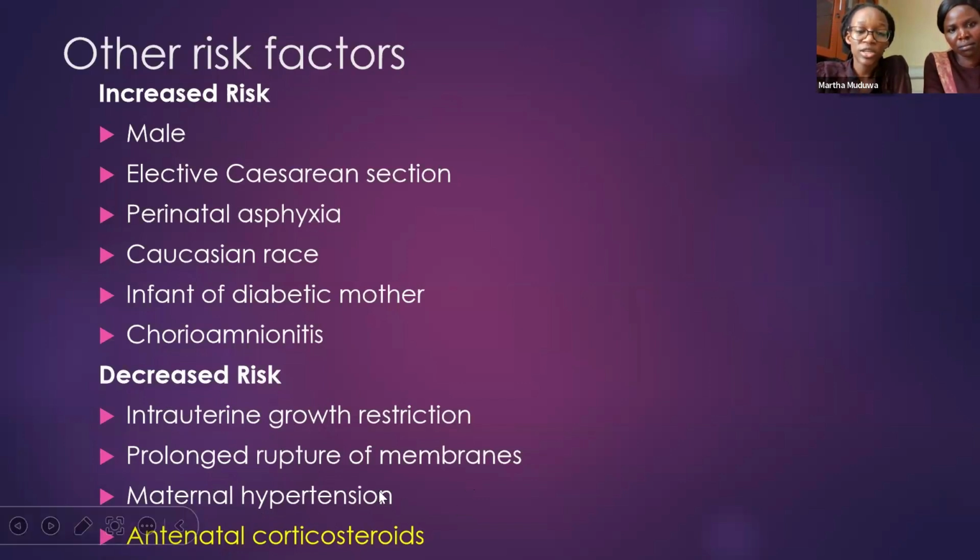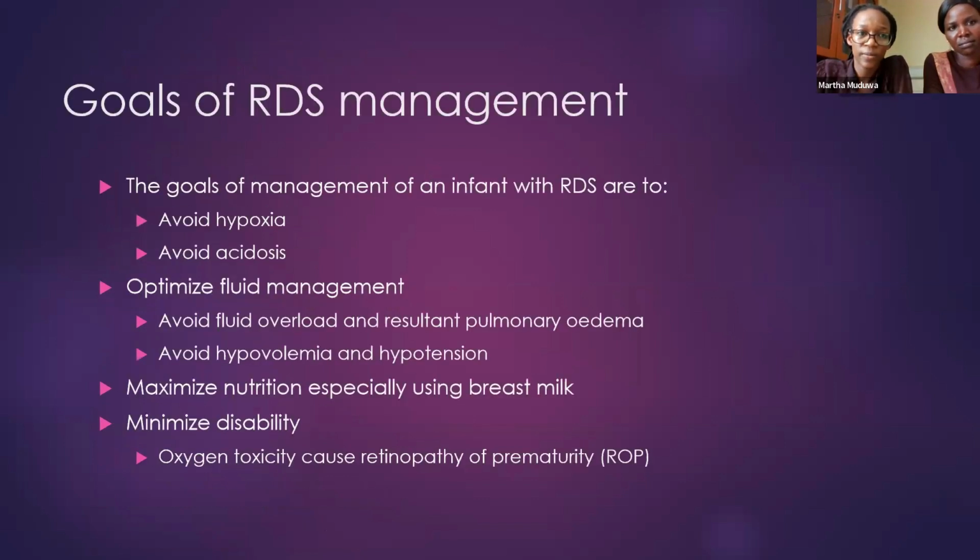So antenatal corticosteroids are very important, and that should be really something we should focus on with all mothers in preterm labor, because they not only reduce the risk of RDS, but ROP, retinopathy of prematurity, intraventricular hemorrhage, PDAs, and so many other preterm complications can be reduced by administering antenatal corticosteroids.